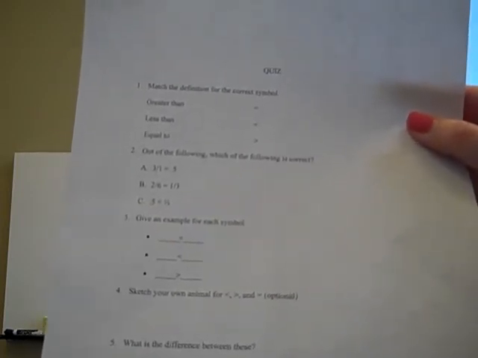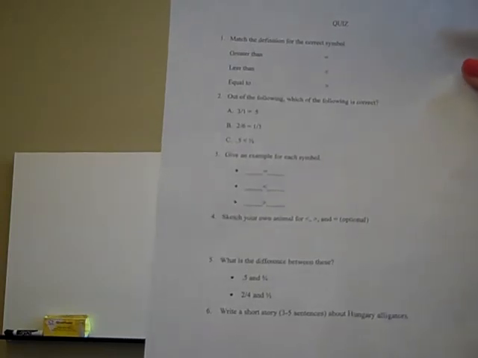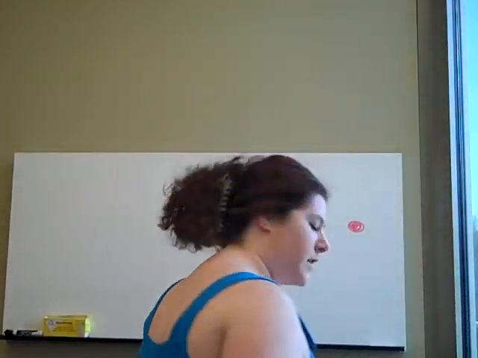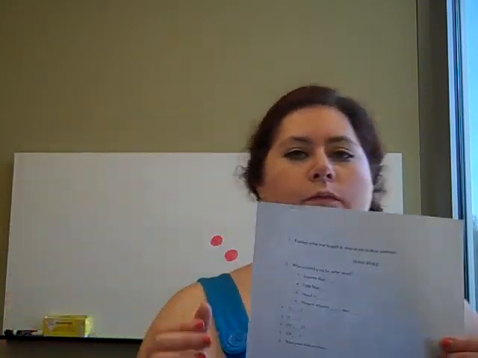The fourth is, sketch your own animal for greater than, less than, and equal to. The equals to is optional. Number 5 is, what's the difference between these? And number 6, write a short story, 3 to 5 sentences, about hungry alligators. After you're done with the quiz, please turn it in, and this will be your homework for tonight.